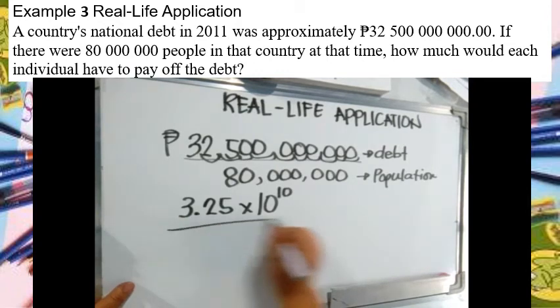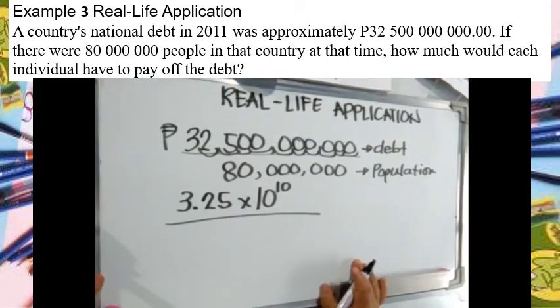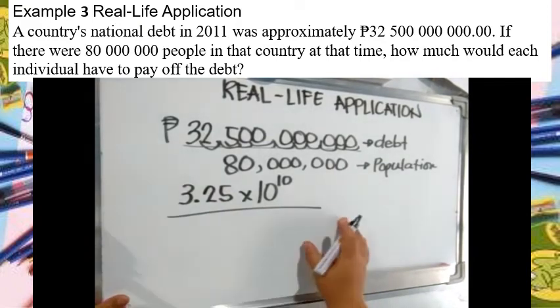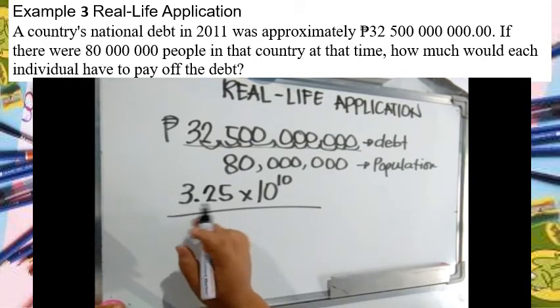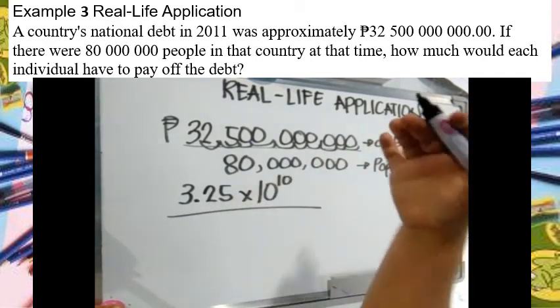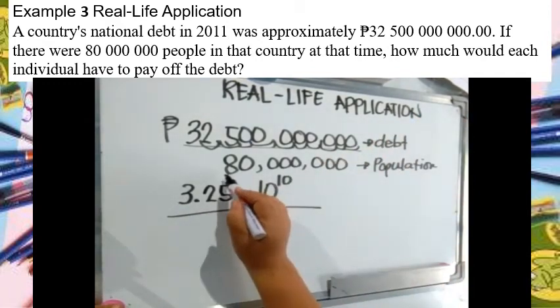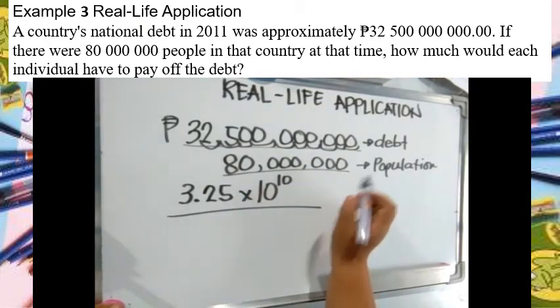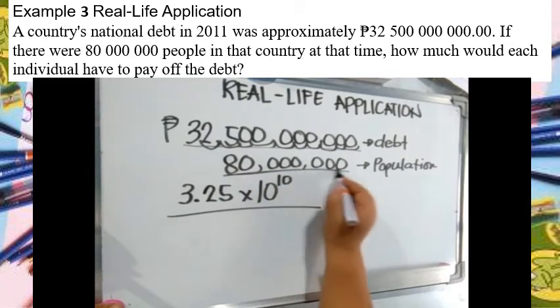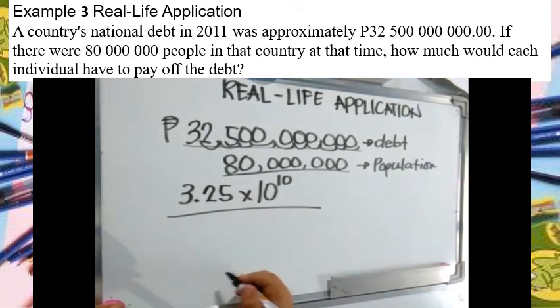Okay? Next thing to do is, ang atong gipangita is pila ang mabayad kada tao or kada individual. So therefore, we are going to divide ang utang sa population. Pila gali ka people ang naa didto nga country? 80 million. So let us make this also into scientific notation.